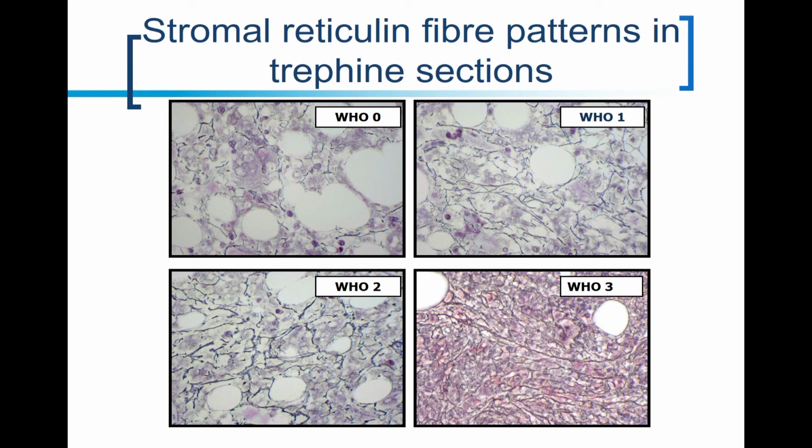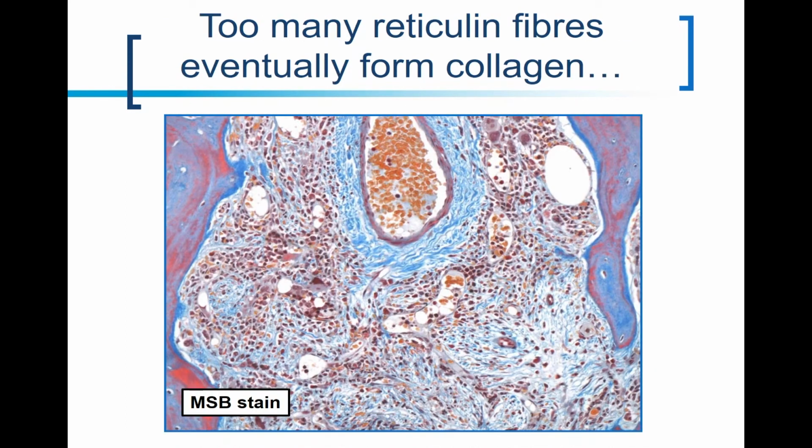So as the score goes up, the reticulin fibres are progressively building up, and by the time they're at a score 3, they're turning into collagen fibres and turning into really quite dense scar-like material, and that's the point at which the fibrosis may begin to really impair the functioning of the bone marrow in terms of making blood cells. We can see the fibrosis.